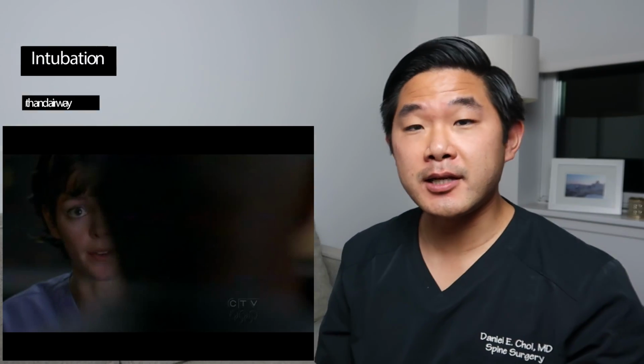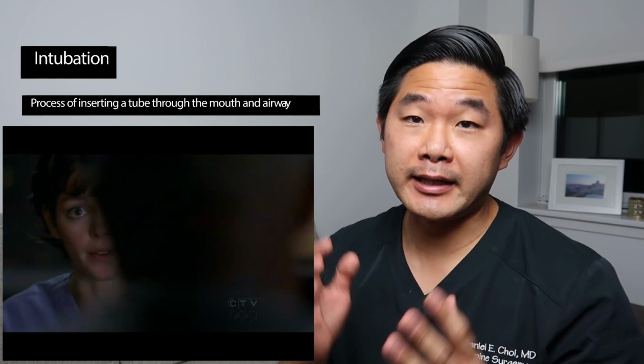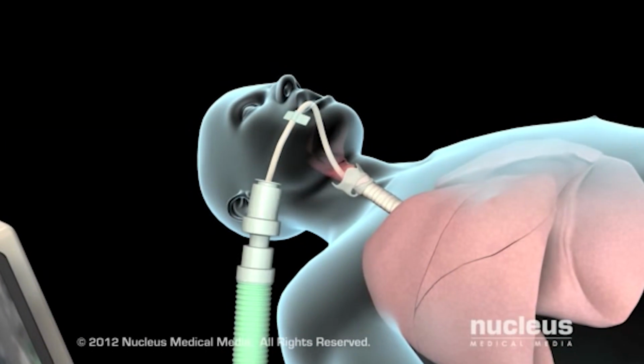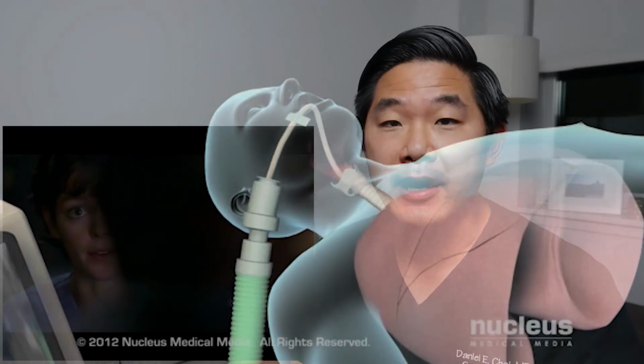So I think it's pretty funny here that the resident was saying that he was having trouble with this patient, but Richard just immediately accuses him of, you don't know how to intubate a patient, which is unfair. So intubation is the process of using a tube called an endotracheal tube that gets placed through the mouth into the patient's airway. And this tube can then get connected to a ventilator, which can assist the patient's breathing.